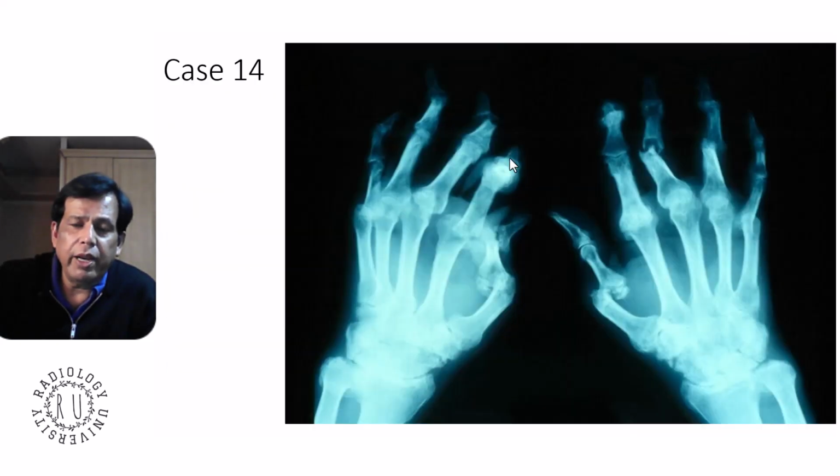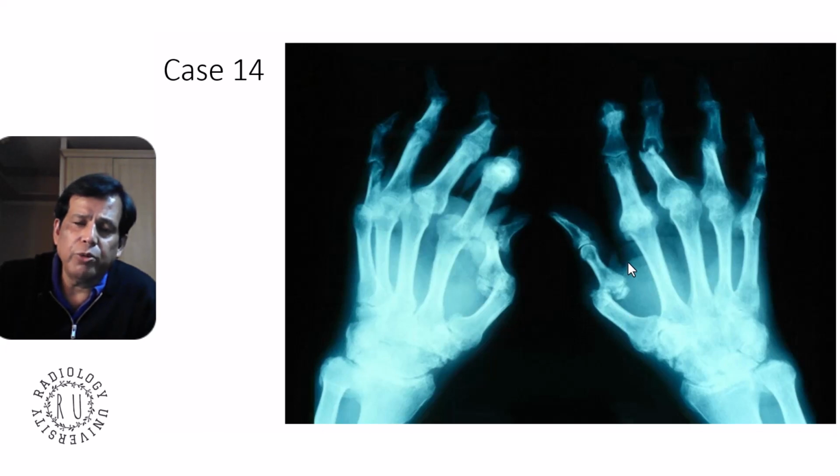So carrying on from before, this is again cup and pencil appearance. Can you see? Acro-osteolysis, loss of the distal phalanx. Typical cup and pencil, slight deformity of the joints here. So what happens in psoriatic arthropathy? We get Swan neck and Boutonniere in RA.